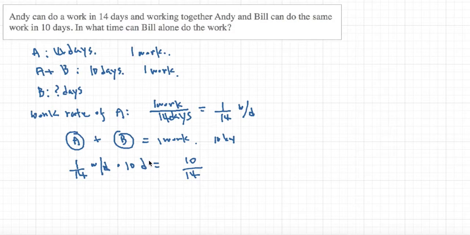The days cancel out, so we have only the unit of work. So the work amount of A is 10 over 14.